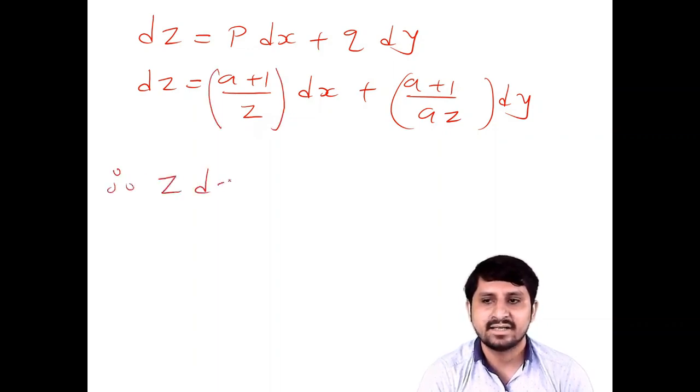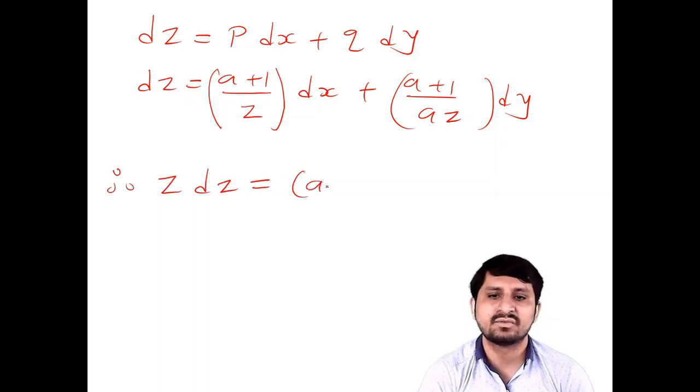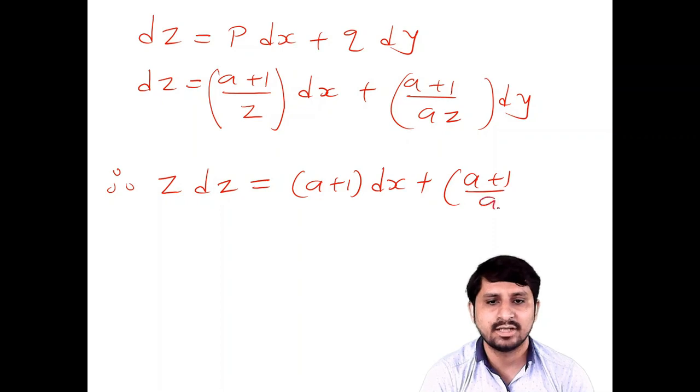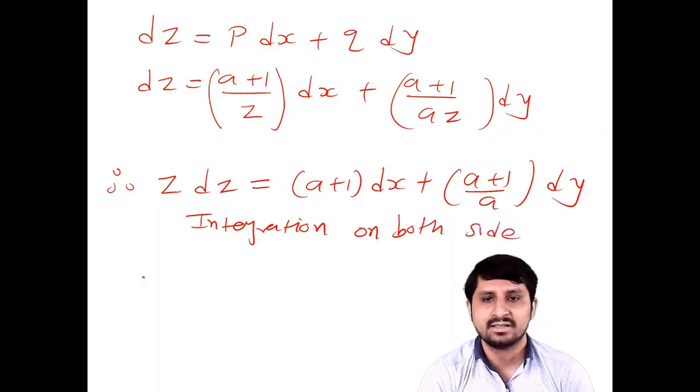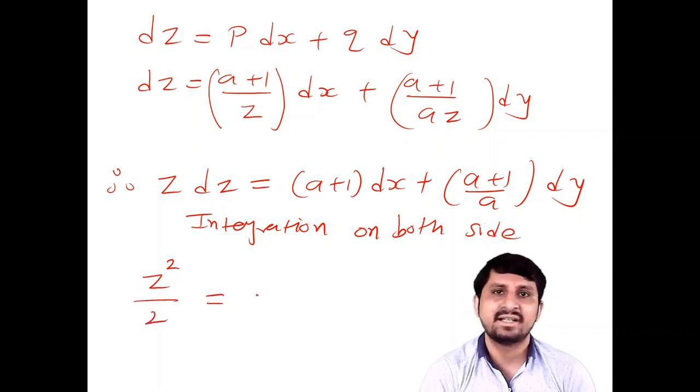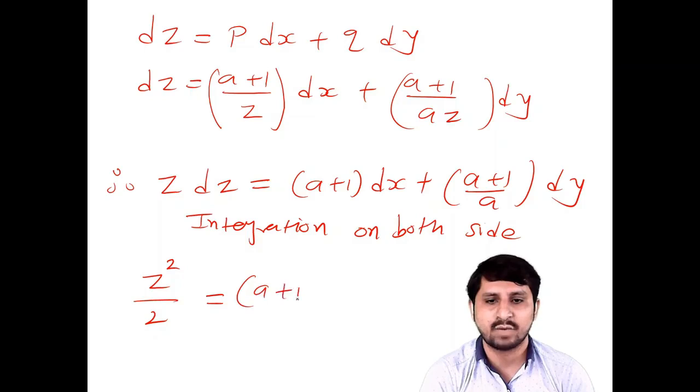So z dz is equal to a plus 1 dx plus a plus 1 upon a into dy, and now integration on both sides. On the left hand side we integrate with respect to z, so integration of z is z square by 2, that is equal to, on the right hand side, integration with respect to x and y, so a plus 1 into x plus a plus 1 upon a into y plus b.